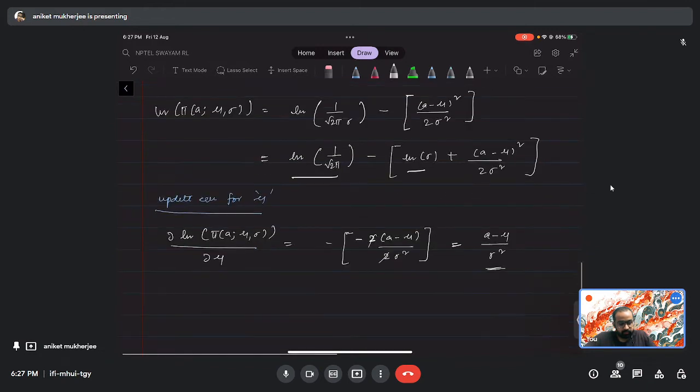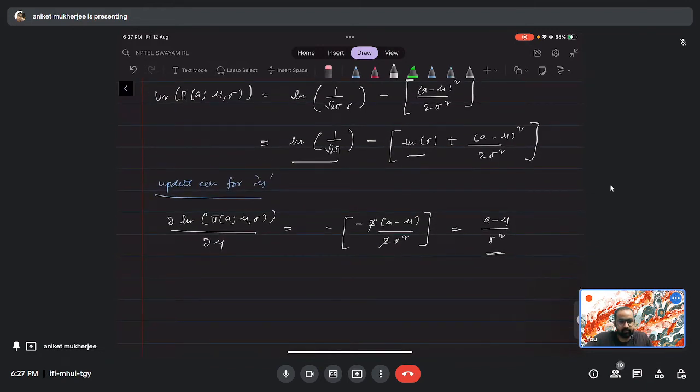Okay, so would you help out with the update equation? If I have mu t plus 1 would be equal to mu t plus alpha into 1 minus mu t.